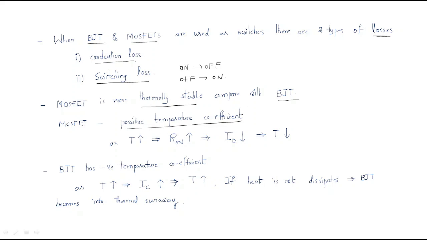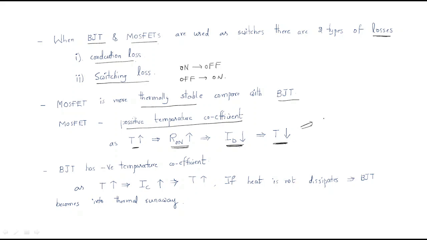How do you explain this? When temperature increases, the on resistance increases. Whenever the on resistance increases, the drain current decreases. Whenever the drain current decreases, the temperature automatically decreases.